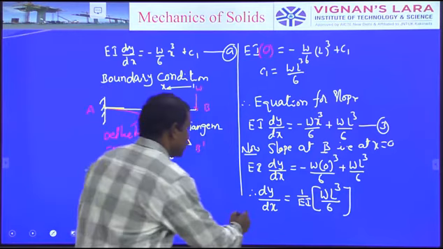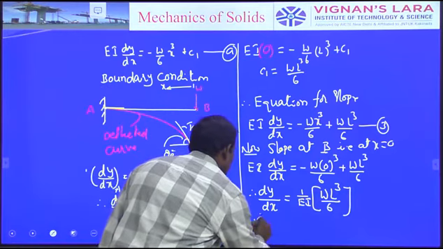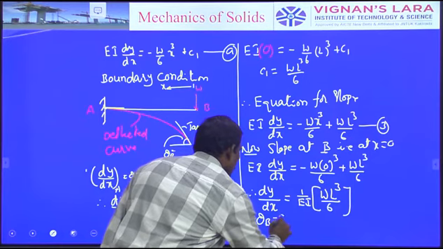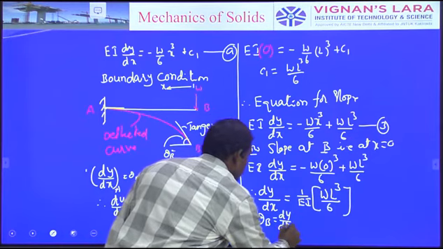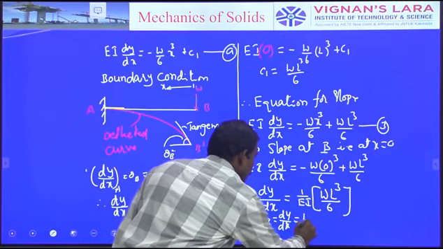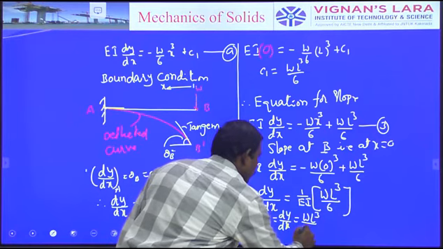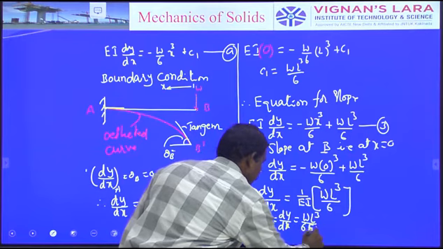So the slope at B is equal to W L cube by 6EI.